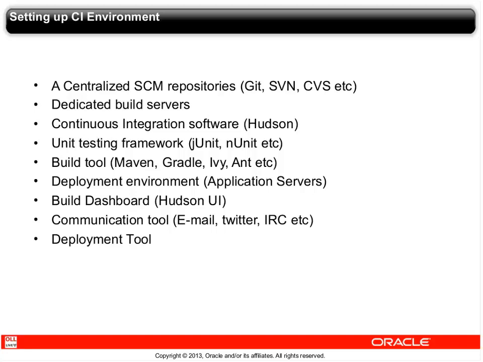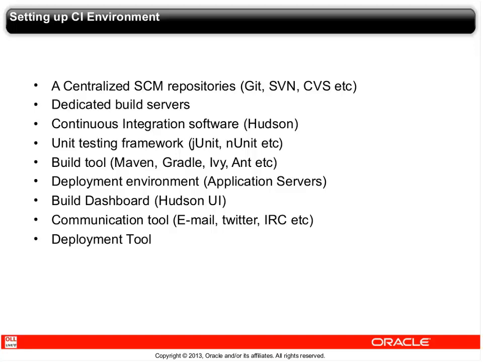In order to set up a CI environment, first you need to find a repository. In Hudson itself, we are using continuous integration, so we use Git. But there are other source code management repositories available. Hudson supports all of them, and you need to have a dedicated build server and a tool like Hudson.